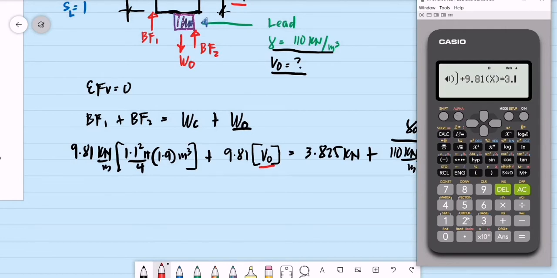That is 3.825 kilonewtons, plus the unit weight of the lead, 110, multiplied by the volume of the object, unknown, X. Then we do shift solve.